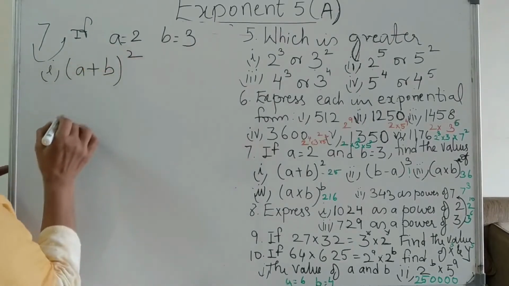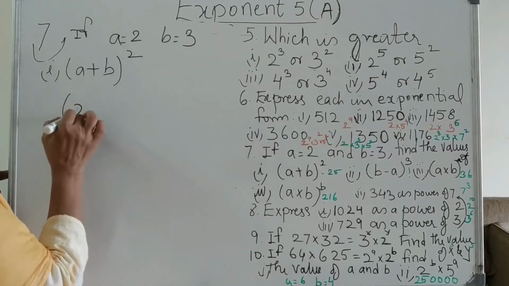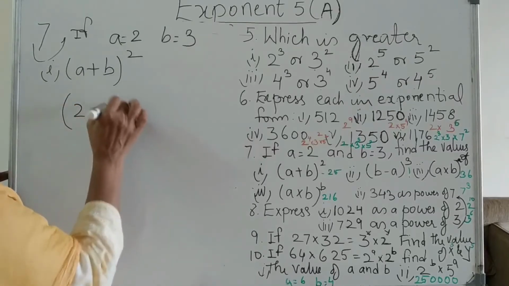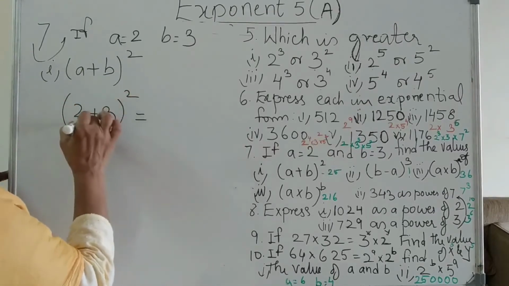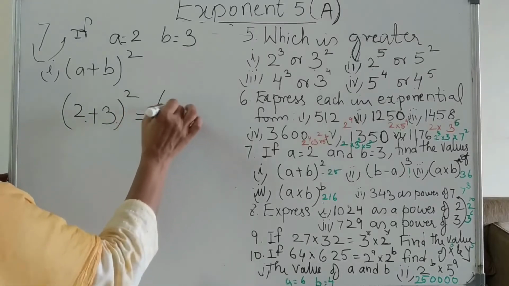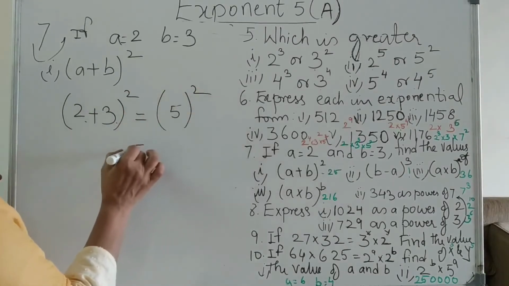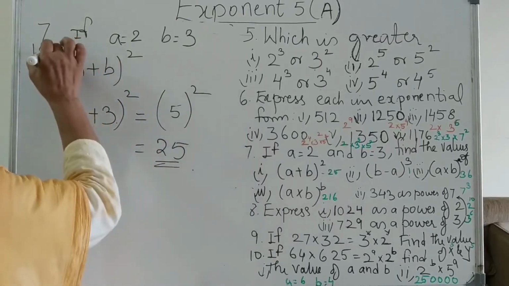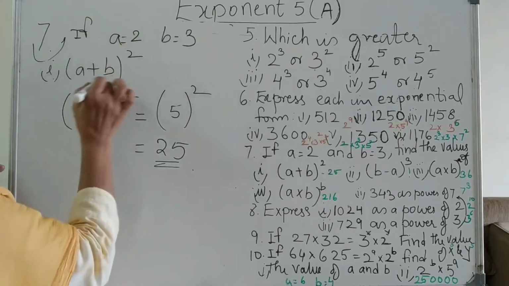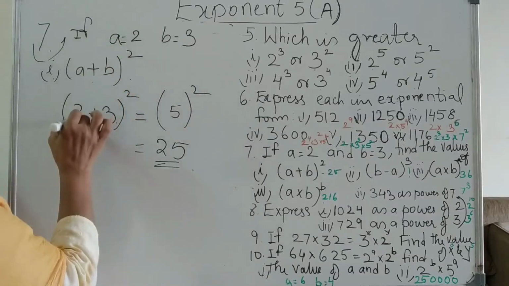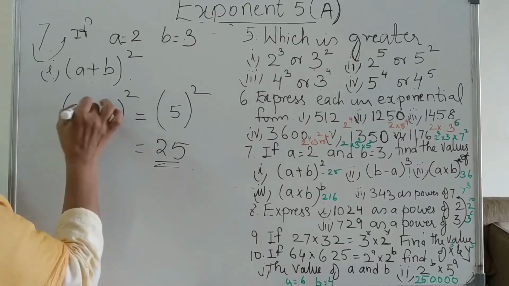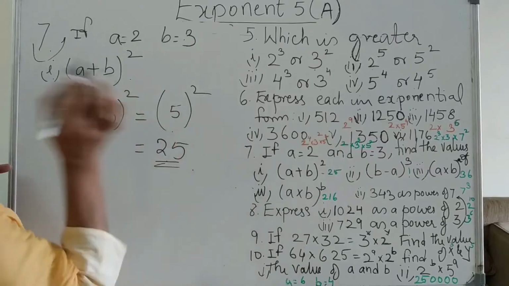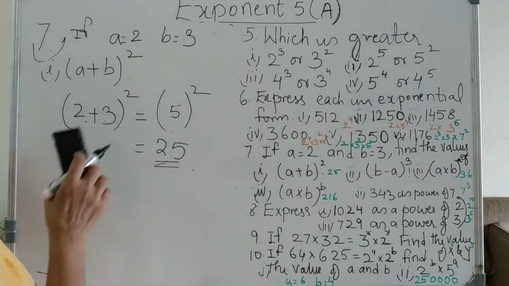Now you know, if you substitute A as 2 and B as 3, raised to 2, naturally 2 plus 3 is 5, and 5 raised to 2 is 25. So this is the answer for 7 first. It is just substitution, very simple.